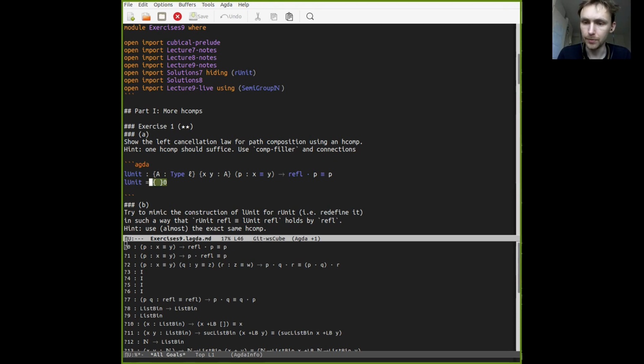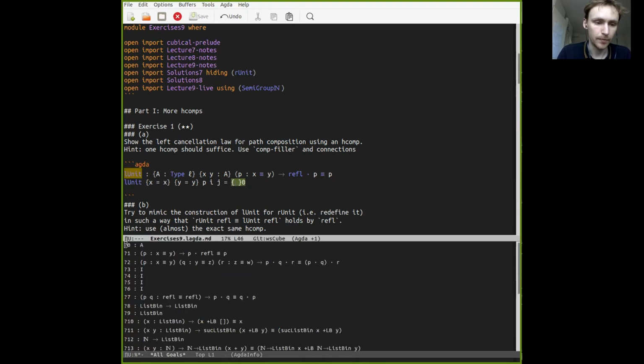So we actually need to build some form of HComp here. But let me start, and you'll see what I mean. So we have a Y and an X, and we have a P. And okay, this is a path between paths. This is 2-dimensional, so we're going to have to introduce two interval variables.